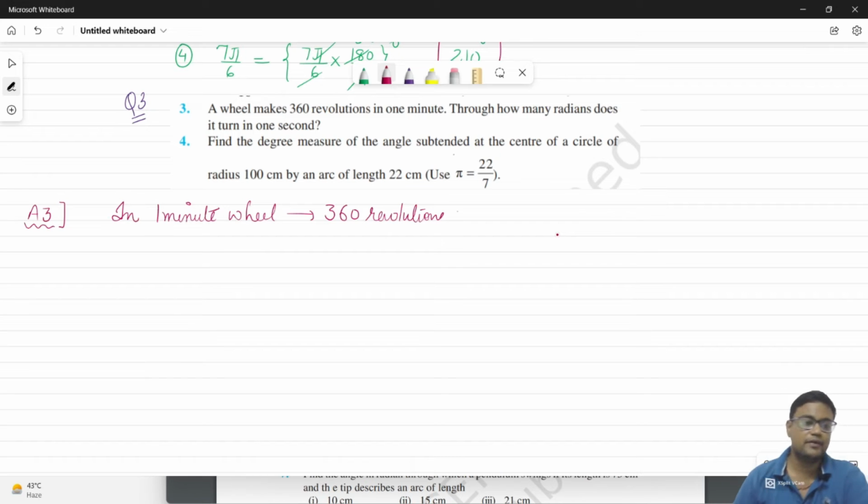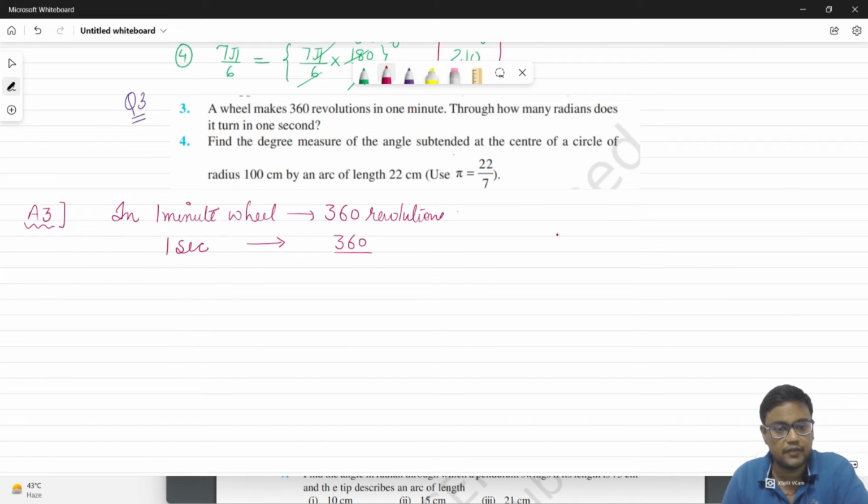So in 1 minute there are 60 seconds, so in 1 second the wheel will go 360 by 60, because in 1 minute there were how many seconds? So first of all, we will find in 1 second how many revolutions the wheel goes, right? So the wheel goes 6 revolutions.